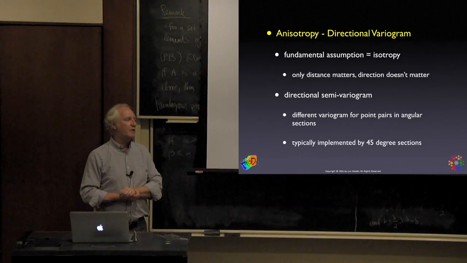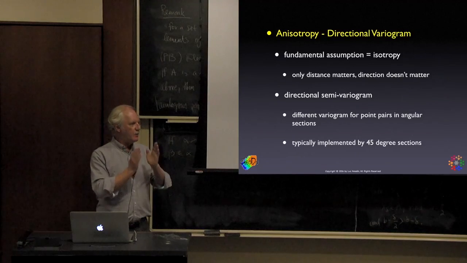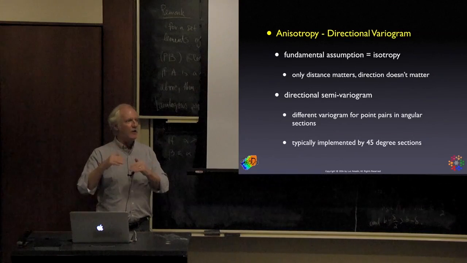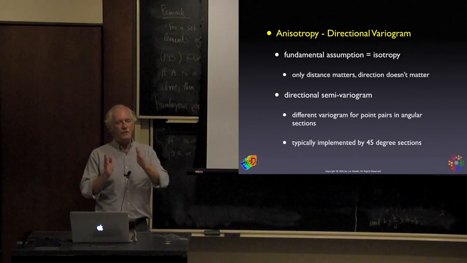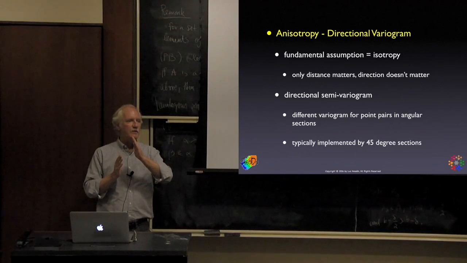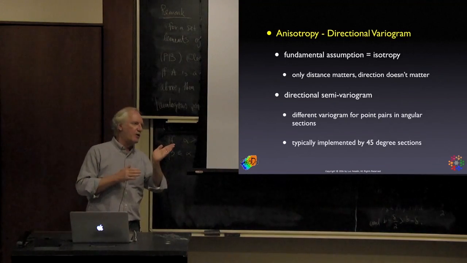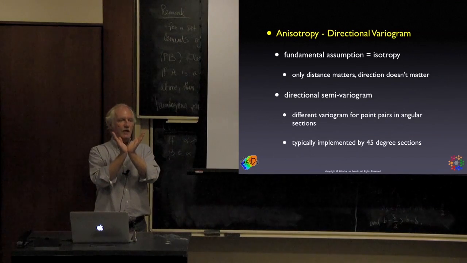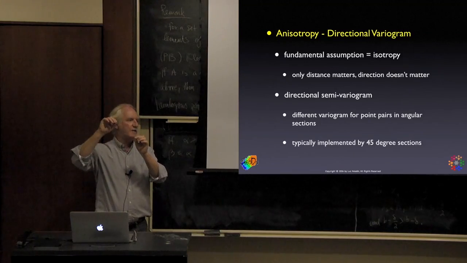And basically what a directional variogram does is cut the space up not only in terms of distance bins, but distance and angle bins. So you say 0 to 10 miles, 0 to 45 degrees, right? Or something like that. Then 45 to 135, and so on. So you take both the relative positioning in terms of the angle between the 2 points as well as their distance.